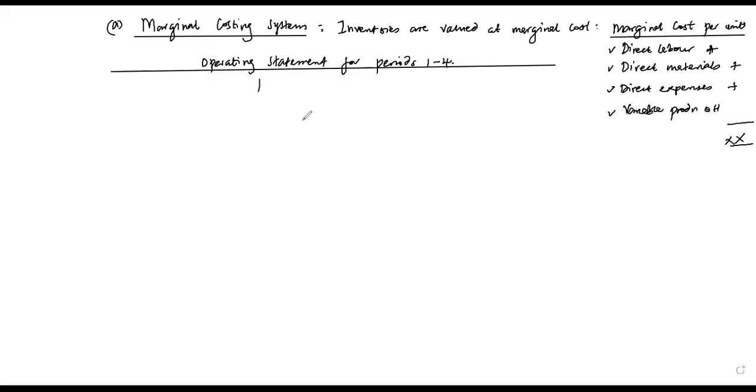So we have period 1, period 2, period 3, as well as period 4. These amounts are in pounds, so I can maintain the same currency.